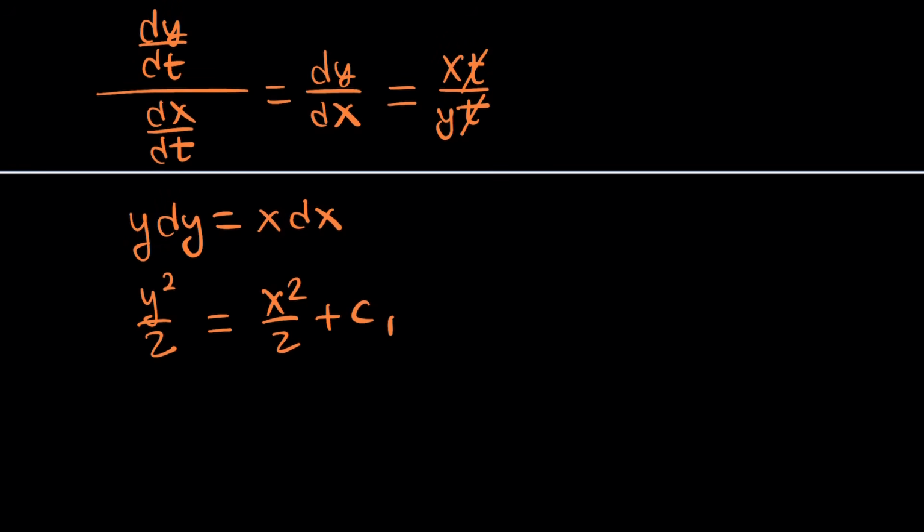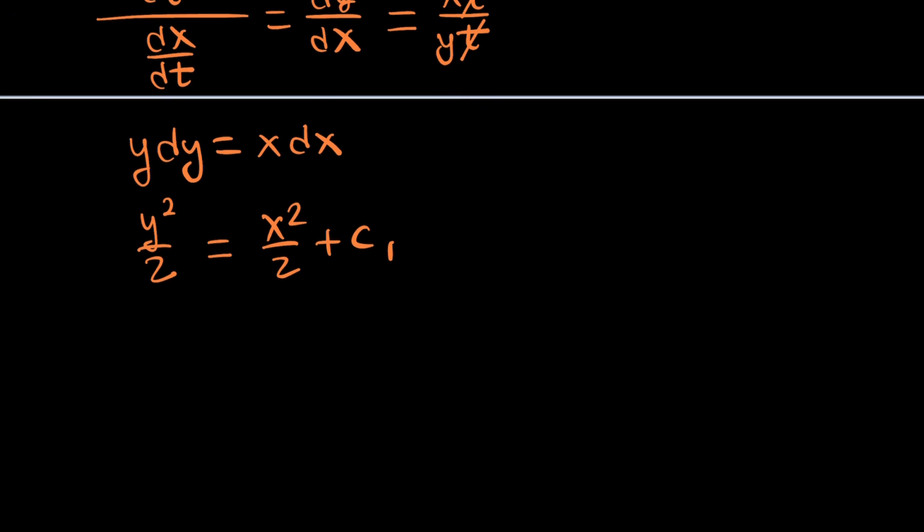Again, this is just any constant, c1, c2, just c, it doesn't matter. But I'd like to multiply everything by 2 to get rid of the fractions: y squared equals x squared plus 2c1. And 2c1 is a constant as well, so we can just replace it with c.